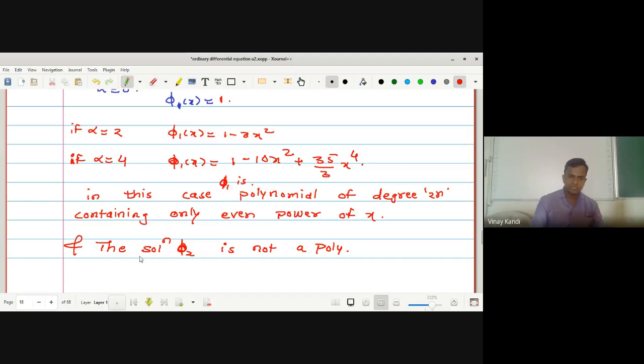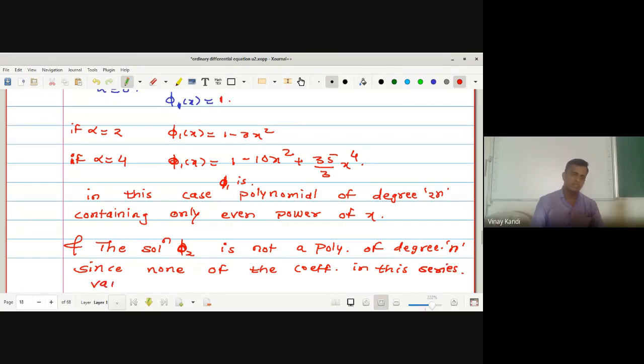In this case phi 2 is not a polynomial of degree n. We call it a polynomial only if it has finite degree, of degree n, since none of the coefficients in this series vanish. What does vanish mean? Nowhere does the coefficient become 0.